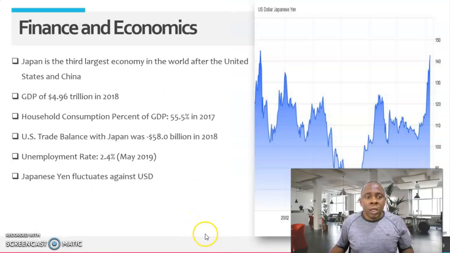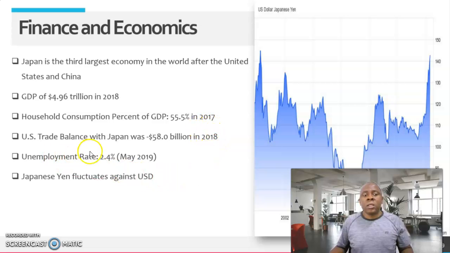Financially, Japan is the third largest economy in the world after the United States and China. So GDP is about 5 trillion in 2018, and the household consumption percent of GDP is 55% in 2017.